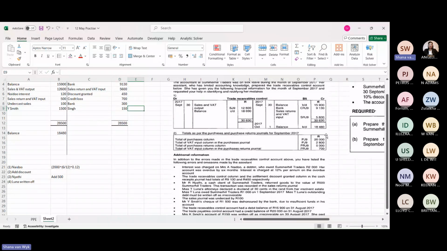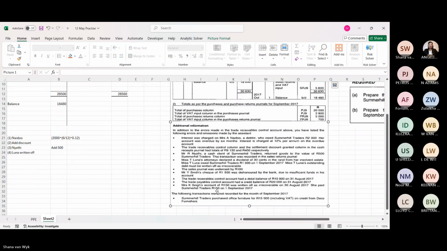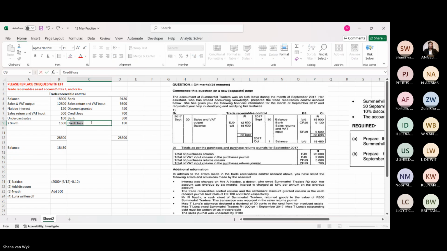Okay, now done. It's a credit loss, no? So just add the 2 credit losses together. Is that because it's strictly for this month? So there must be 850.